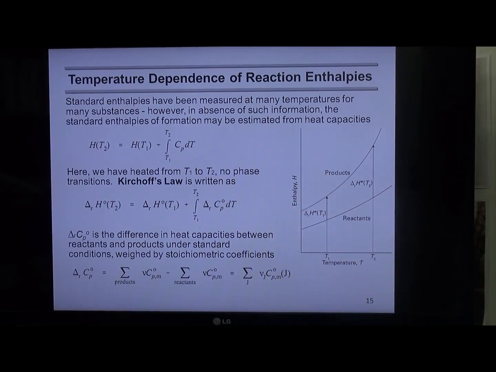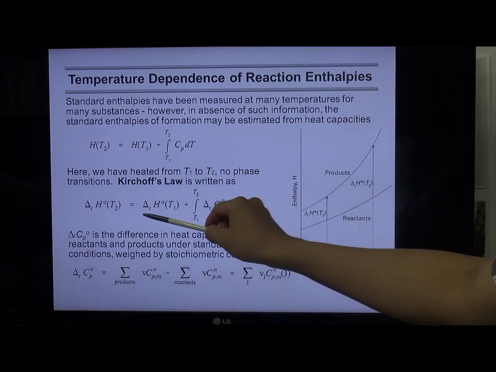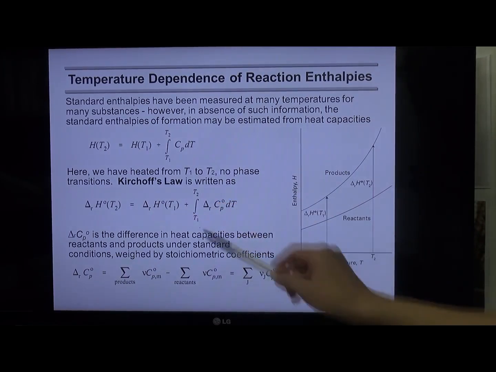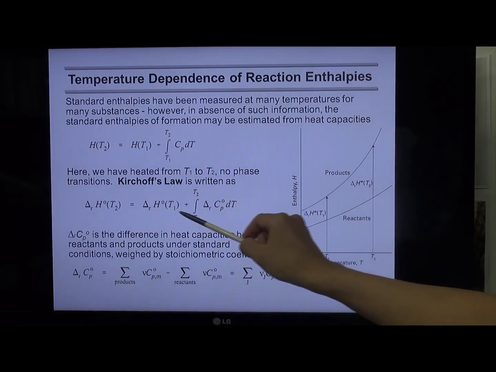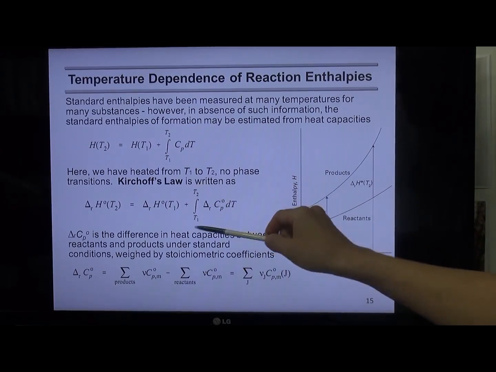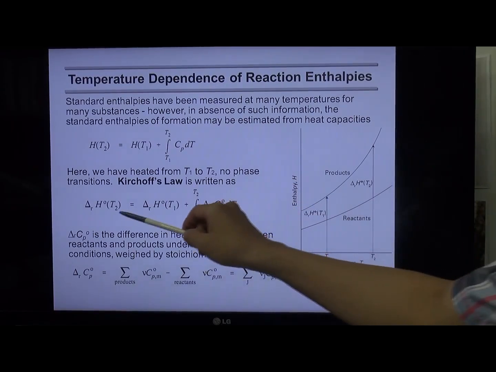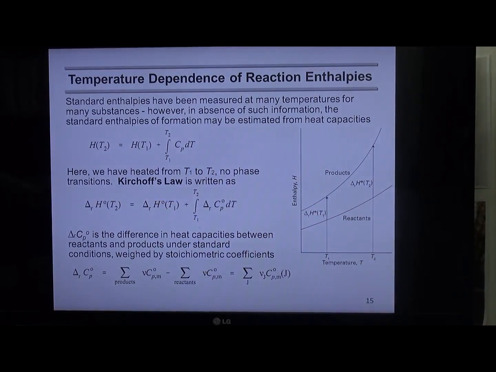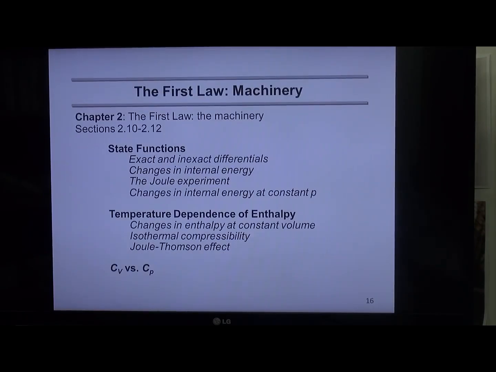So if you have the standard reaction enthalpy at one temperature and the heat capacities of reactants and products in this temperature range, you can easily determine the standard reaction enthalpy at a different temperature, T2. Okay, this is the end of section 2.9.